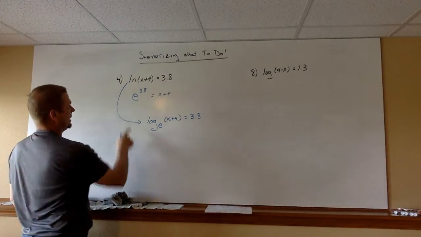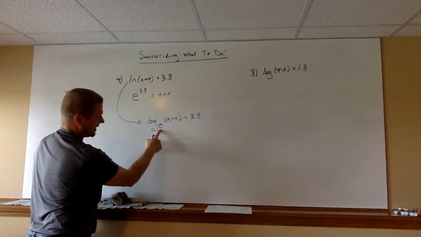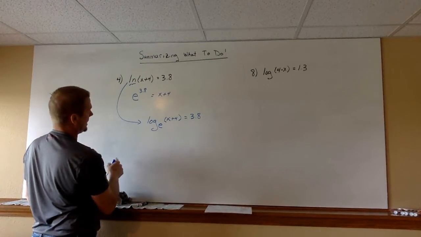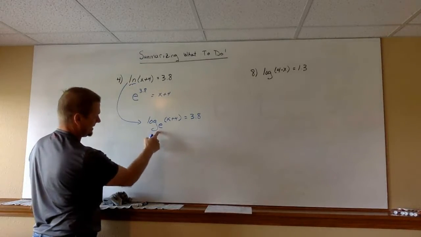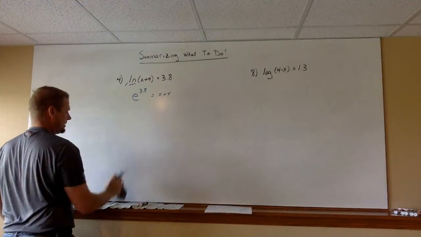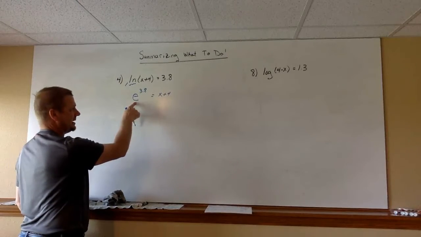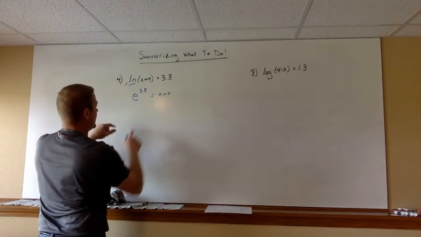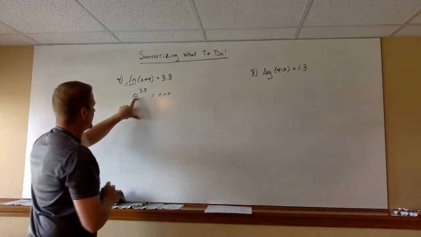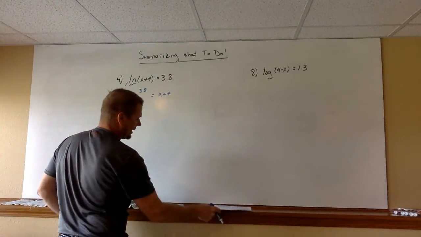But because all these natural logs are always base E, it's just easier to write ln for natural log rather than log base E. Okay, so anytime you see that ln, it's just a base E. Well, when I change it, I can type this in because remember E is 2.72-ish, so I can type that right into my calculator.